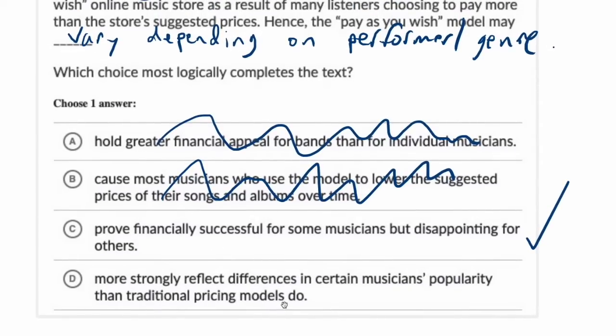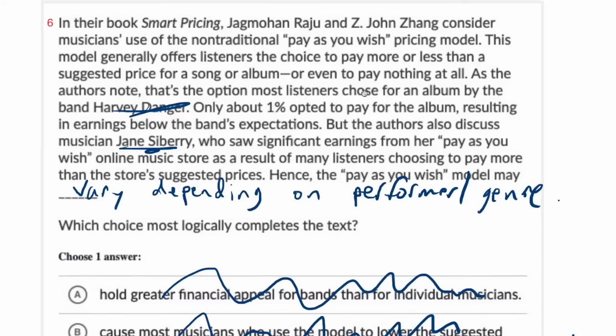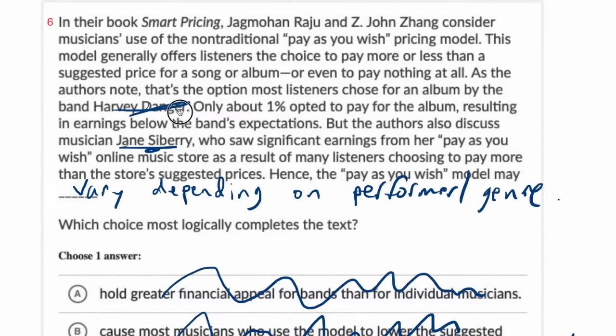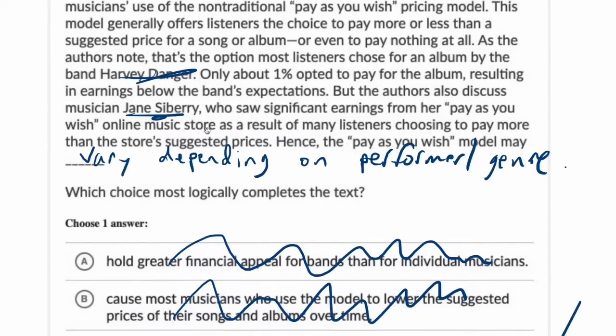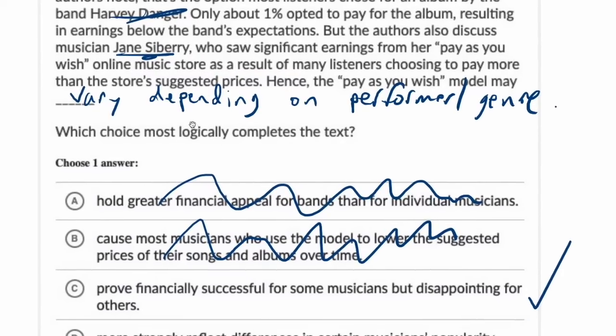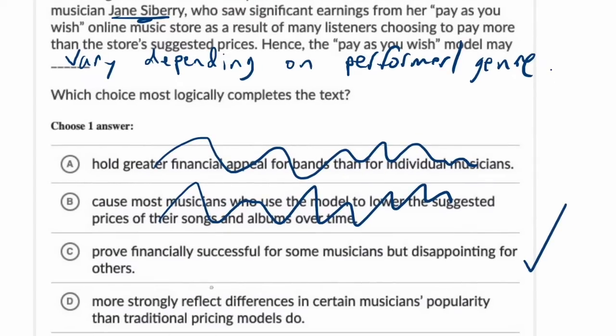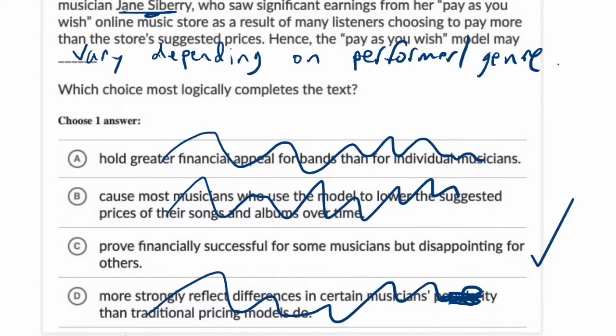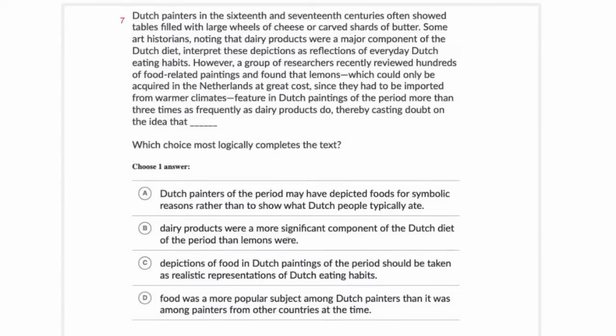More strongly reflect differences in certain musicians' popularity. Well, they don't say anything about the popularity of one versus the other. I think Harvey Danger had one hit in the 90s. I don't know much about Jane Seabury, but in any event, that doesn't matter. They're not expecting us to know about them. They don't say anything about popularity, and so we don't want to use that. So yeah, it can be successful for some, but not for others.